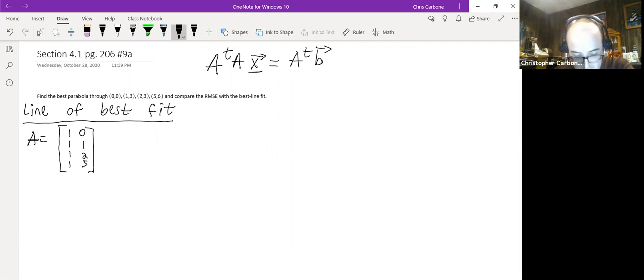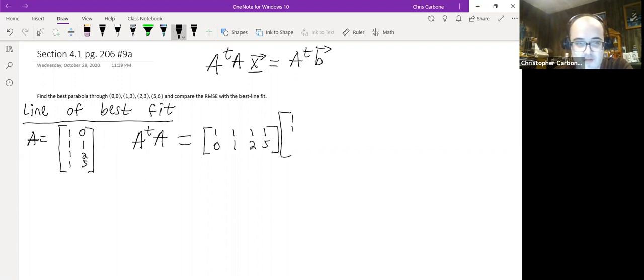So for the A transpose times A, this would be written as matrices. The first row here would be all ones, and the second row would be 0, 1, 2, and 5. That would then be multiplied by our original matrix A, so 1, 1, 1, 1, and 0, 1, 2, and 5.